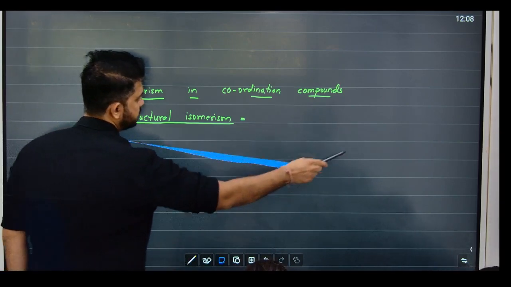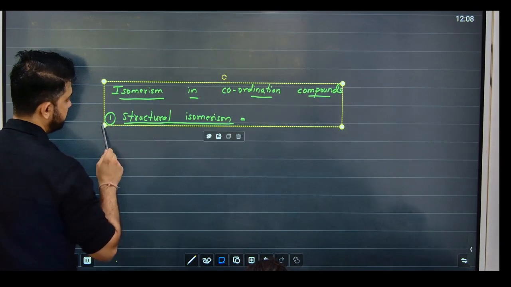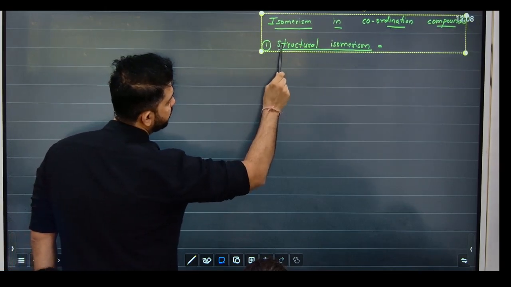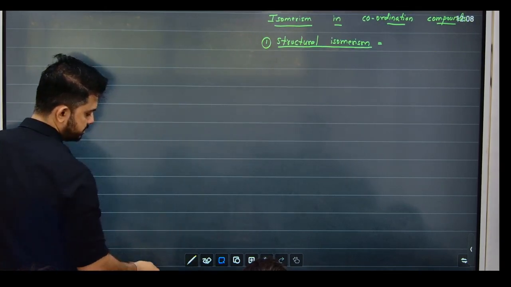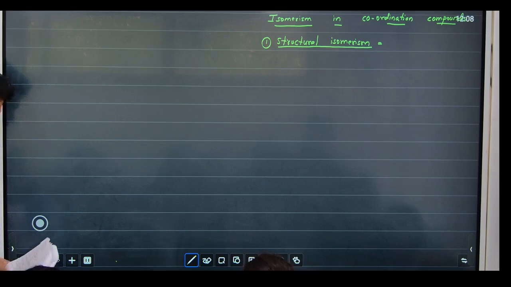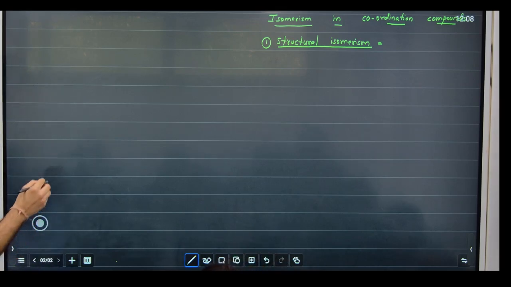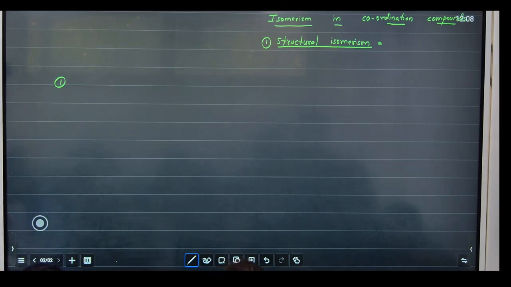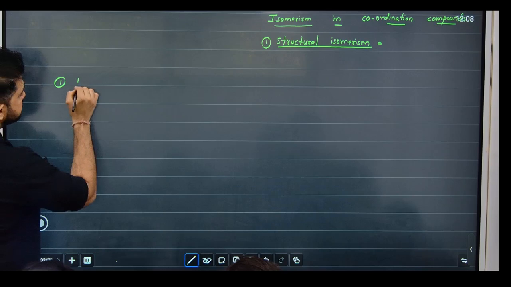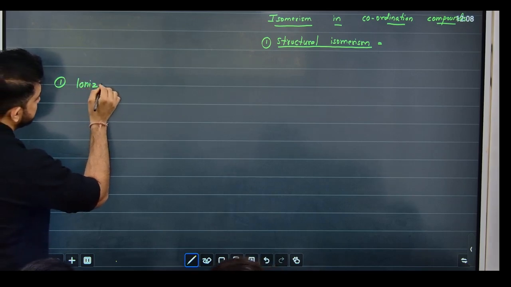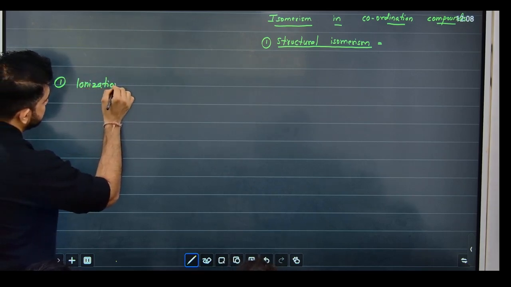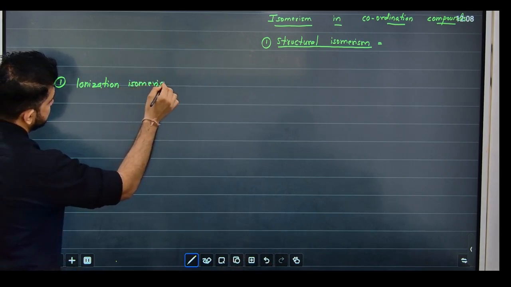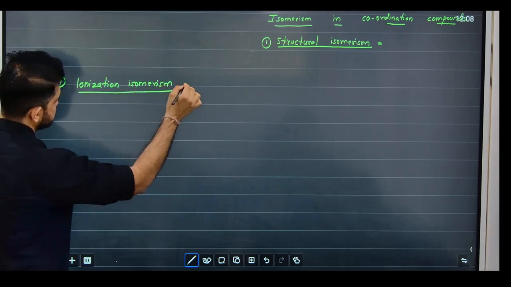We have structural and we have stereo. Stereo has geometrical and optical. We'll start with structural isomerism. Write on the first one, people, in that. I'm sorry. Ionization isomerism or ionization isomers.